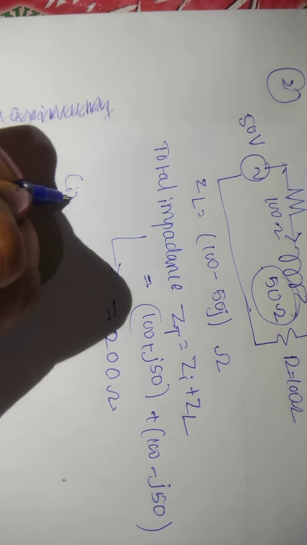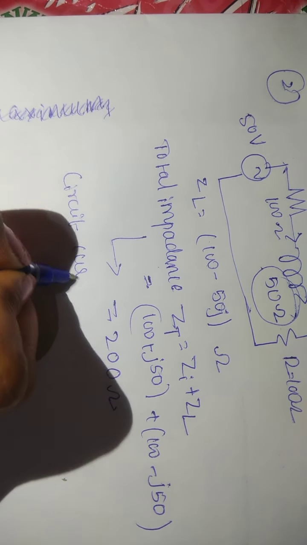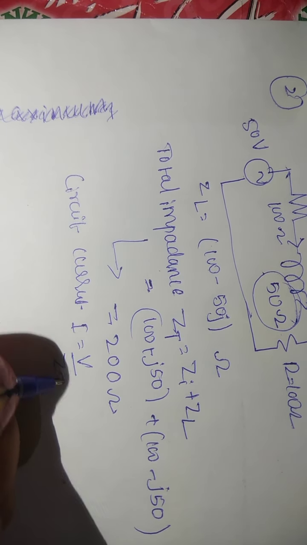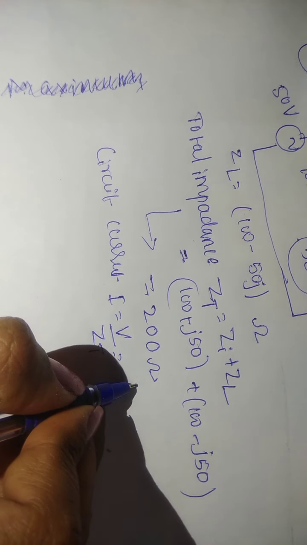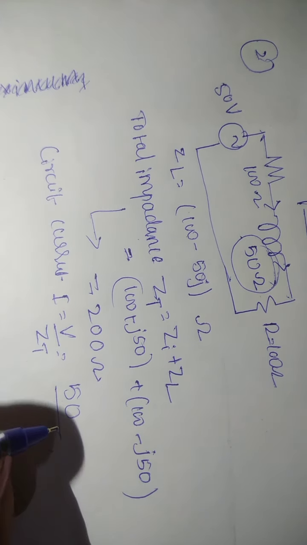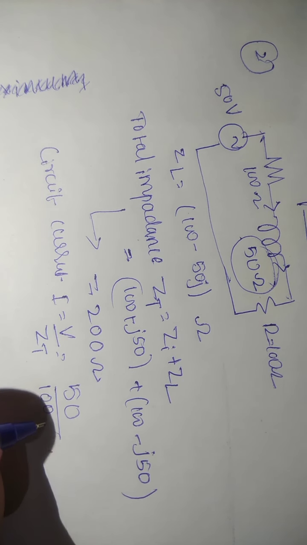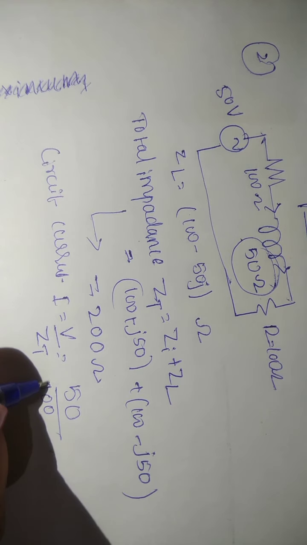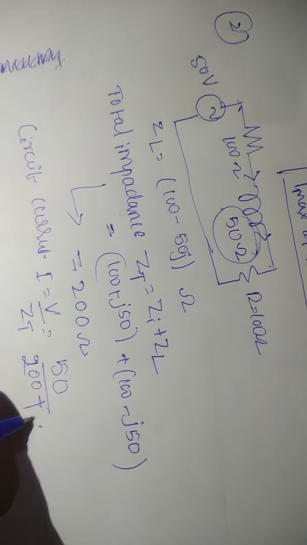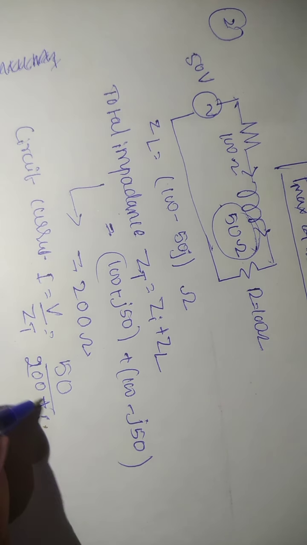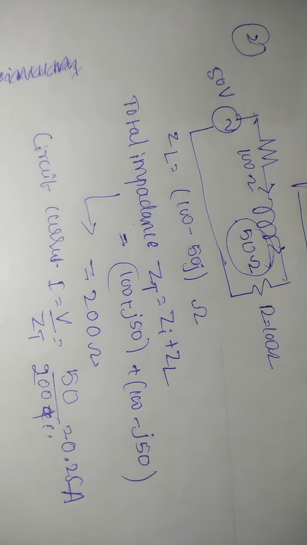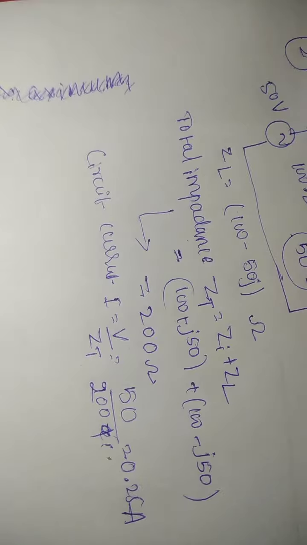The circuit current I equals V divided by ZT. V is 50 volt, and ZT is 200, so we get 0.25 ampere of current.